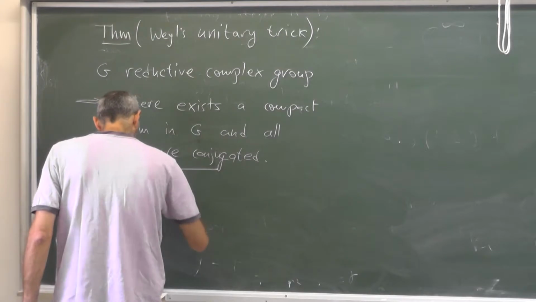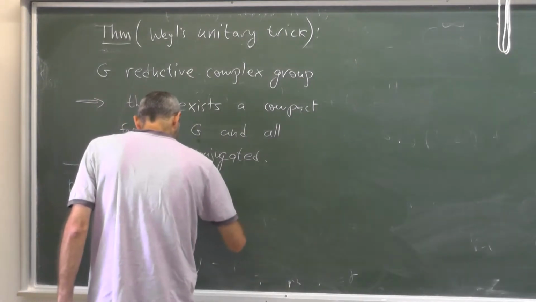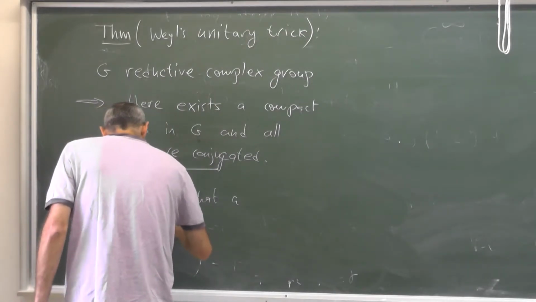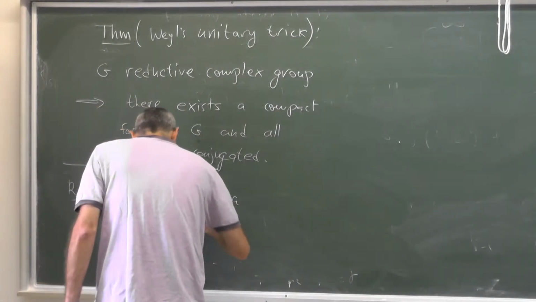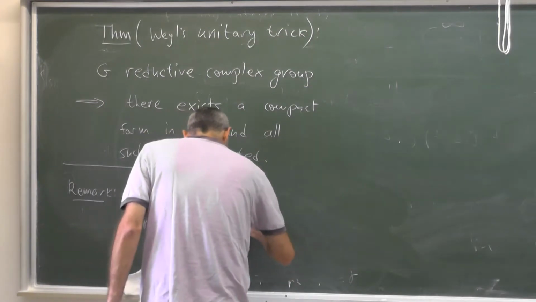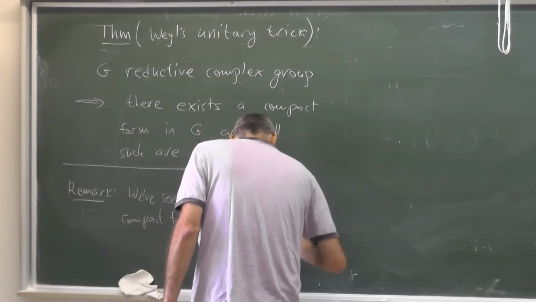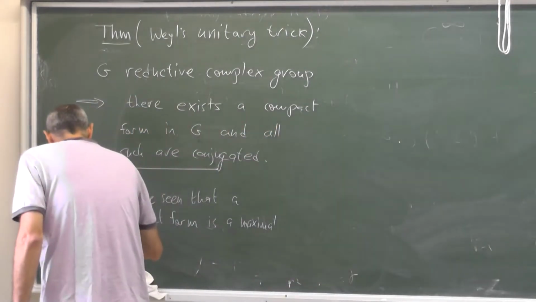We've seen a compact form is a maximum compact subgroup.